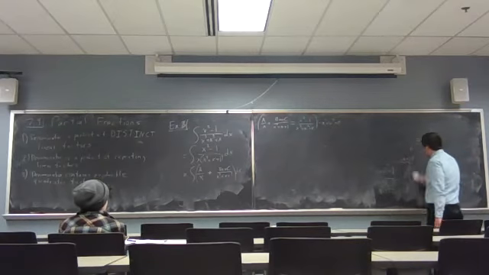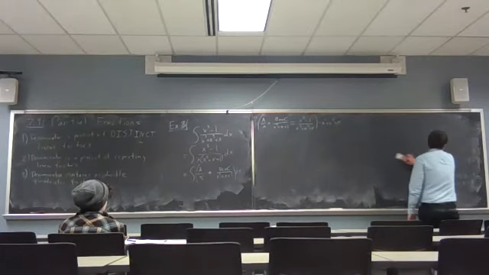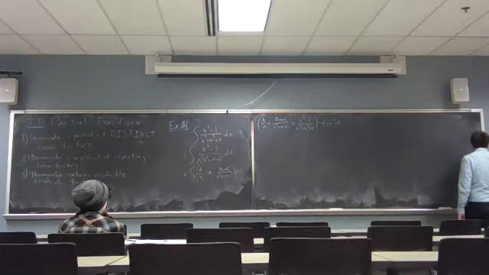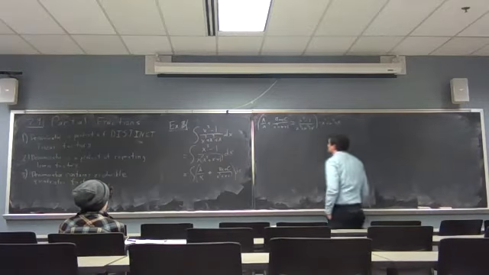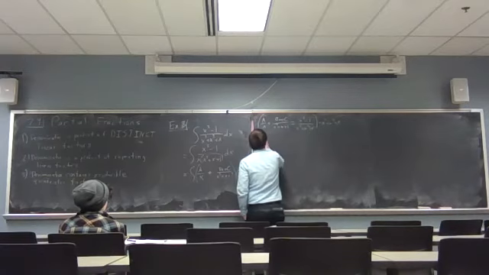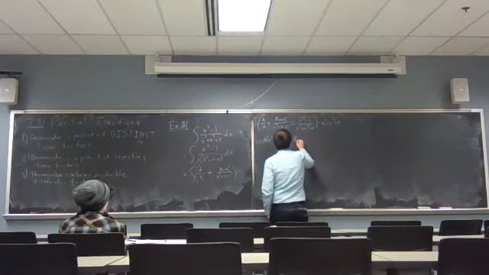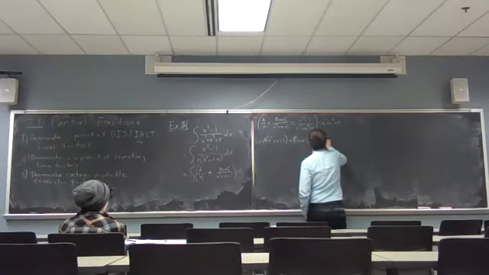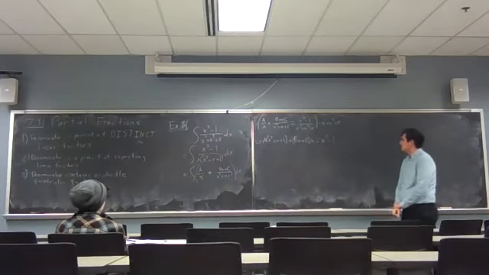If you did that in the other one, it wouldn't necessarily be wrong, but it would just save you a bit of work. Okay, good. So that's going to leave us with a times (x squared plus x plus 1) plus (bx plus c) times x equals x squared minus 1.